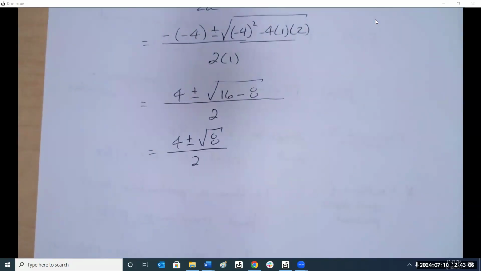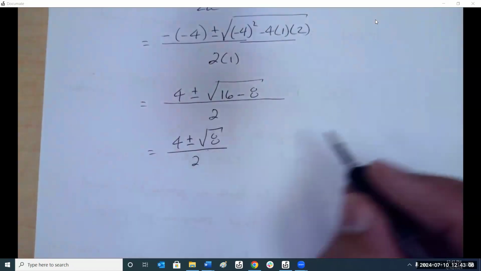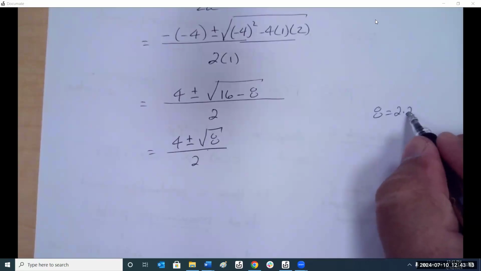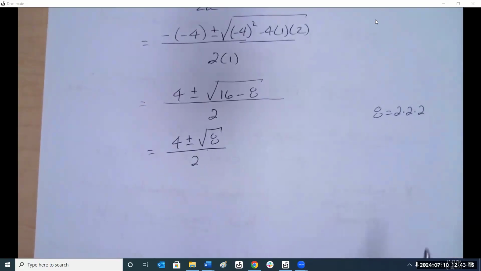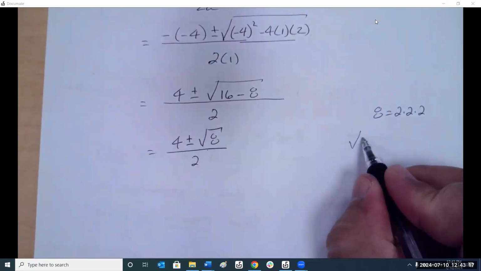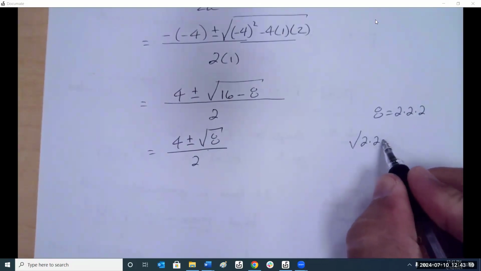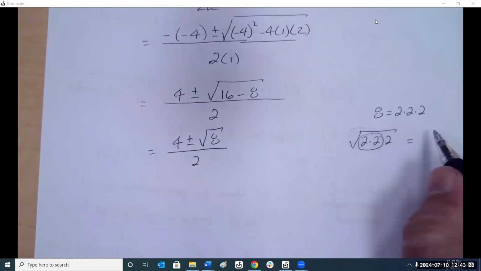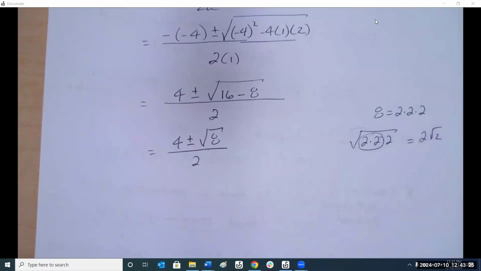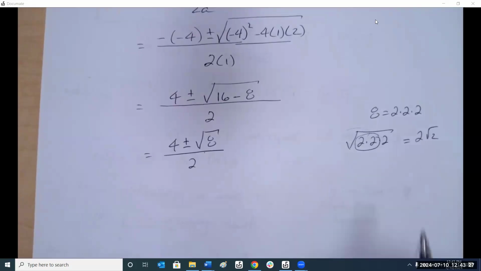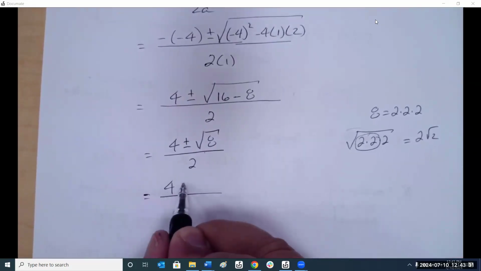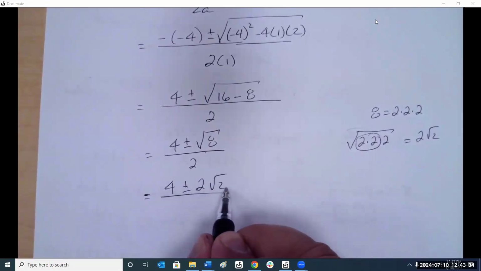This is why I lost you mostly. Look at this. 8 is made up of 2 times 2 times 2. So if we have the square root of 8, which is square root of 2 times 2 times 2, if you have a pair, they come out in front, because it's the square root of 4. So that's what gave us 4 plus 2 square root of 2.